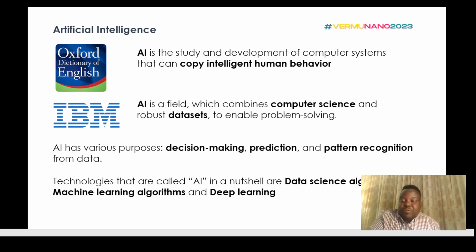AI has various purposes. In most cases, AI is used for decision making, predictions, and pattern recognition from data. Just by looking at data, you're able to draw all those conclusions. The technologies that are called AI, in a nutshell, are data science, algorithms, machine learning, and deep learning.